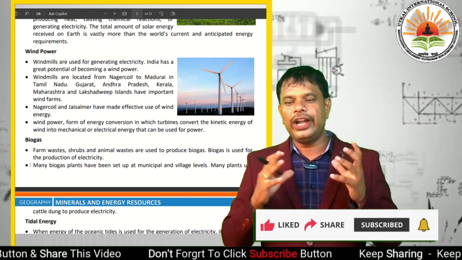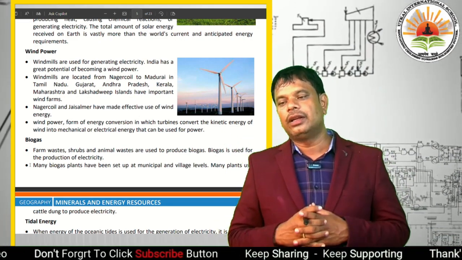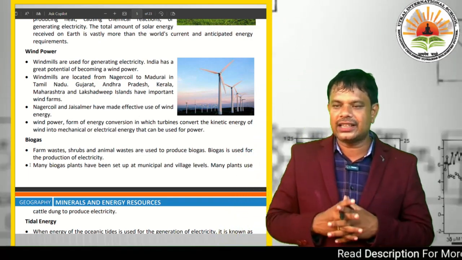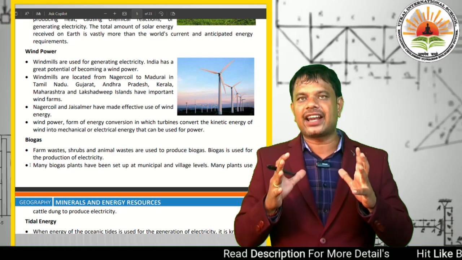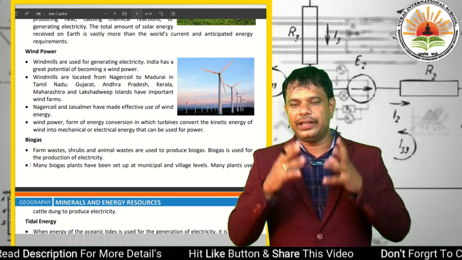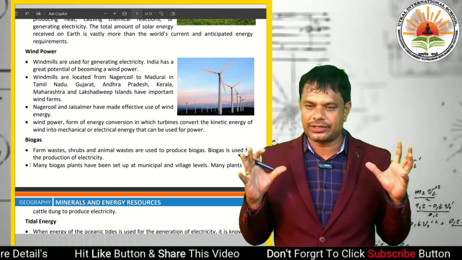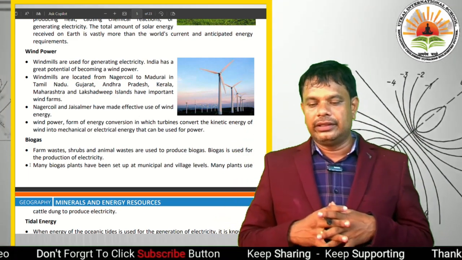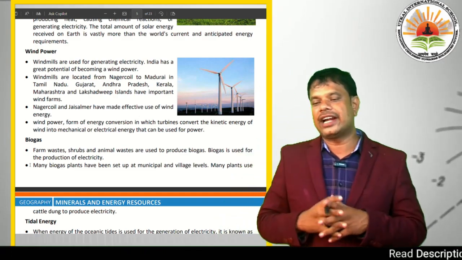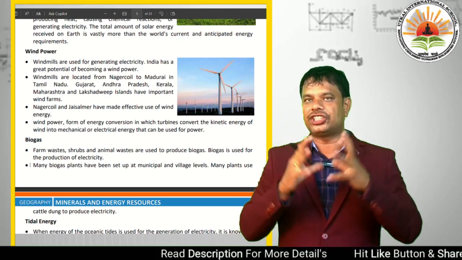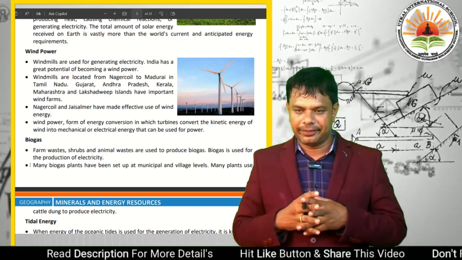Windmills are located from Nagercoil to Madurai in Tamil Nadu, Gujarat, Andhra Pradesh, Kerala, Maharashtra and Lakshadweep Island, which have important wind farms. Nagercoil and Jaisalmer have made effective use of wind energy in our country.